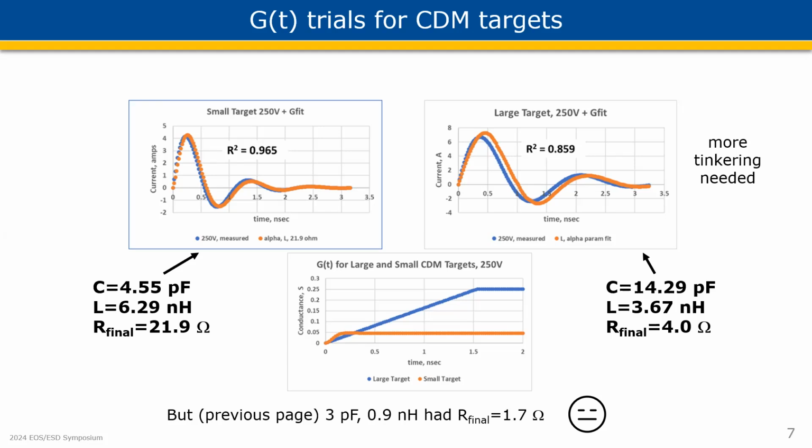We have small target, short ramp, large target, long ramp, and then in the previous case, a very small target, low inductance and capacitance, and that resistance was lower than the low value for the large target, but much, much lower than the low value for the small target, having similar capacitance. So hard to know what's going on here. We're not too thrilled about this.